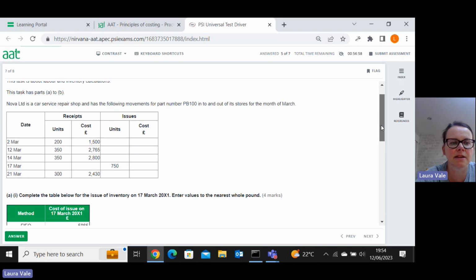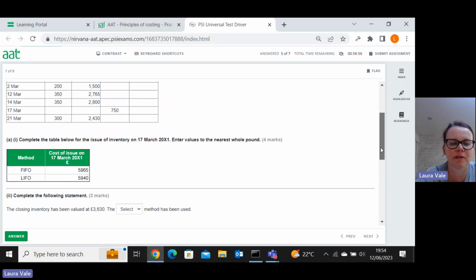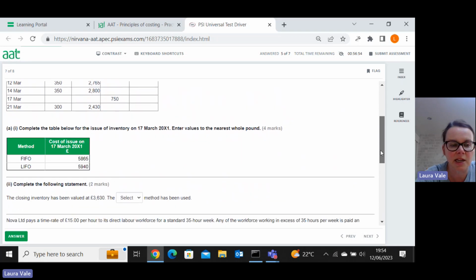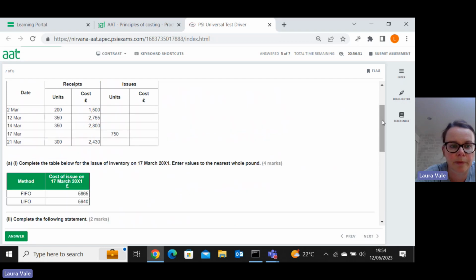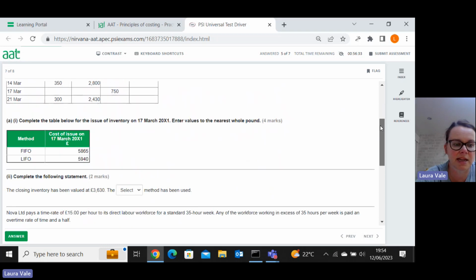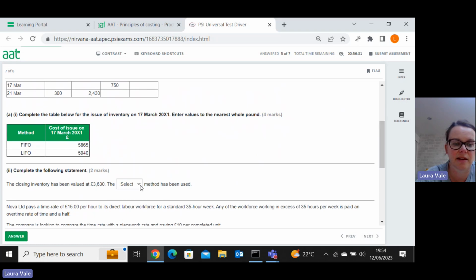Because that table was only the 17th. It doesn't specify, but I assume that to be the case. So I've got a total cost of receipts, added all 4 of those numbers, of 9,495. So if I issue using LIFO, I'm going to minus 5,865, the cost of that issue, which gives me 3,630. So therefore, that must be the FIFO method.